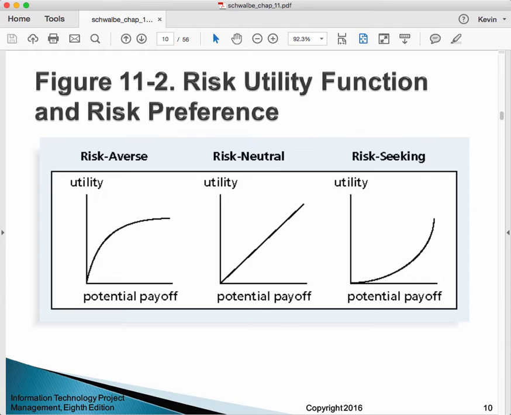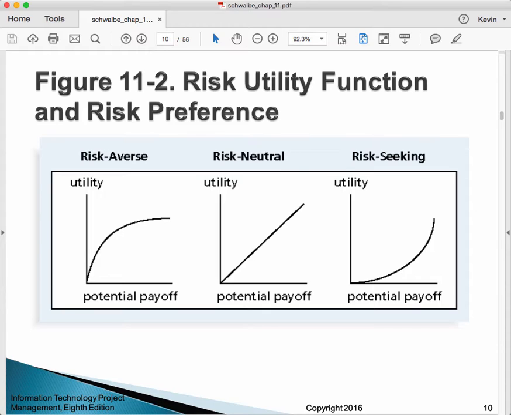So when we say the potential payoff gets higher, we're just saying that the magnitude of the variability gets higher. So as things get more variable, then they get less and less interested at an increasing rate, or they are interested at a decreasing rate.